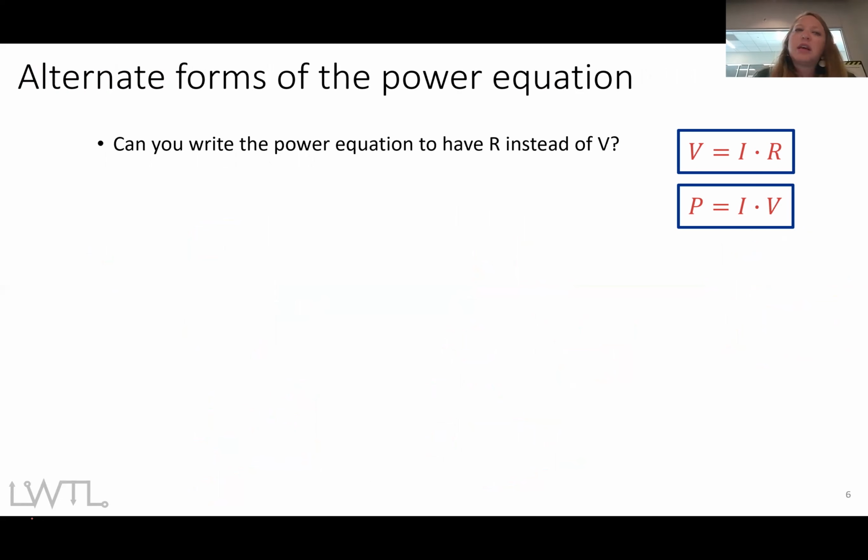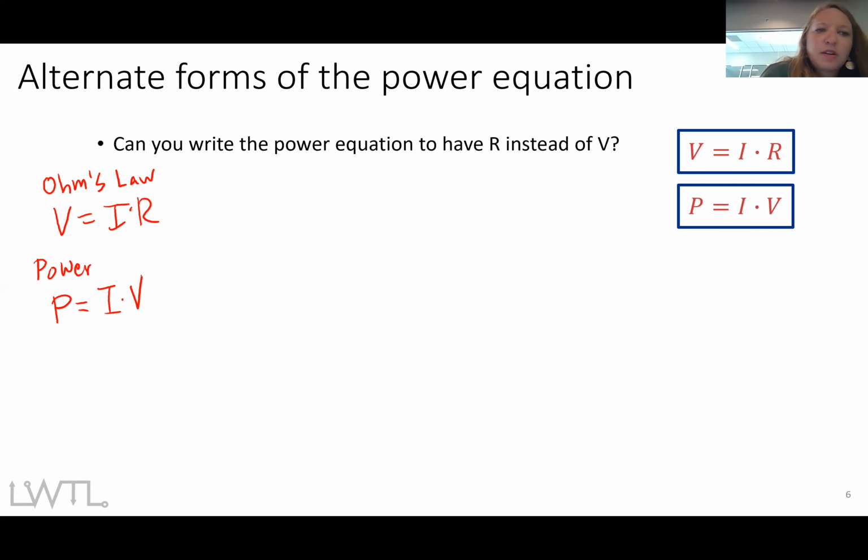For instance, I have V equals I times R. That's Ohm's law, right? And then I know power is P equals I times V. If I look at this V here and this V here, the V in Ohm's law and the V in the power equation, are those the same V?